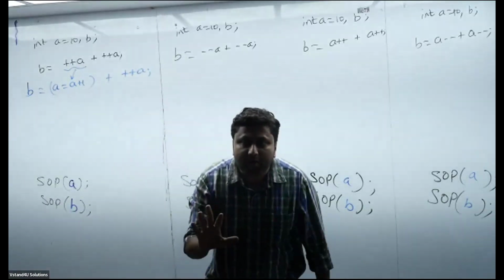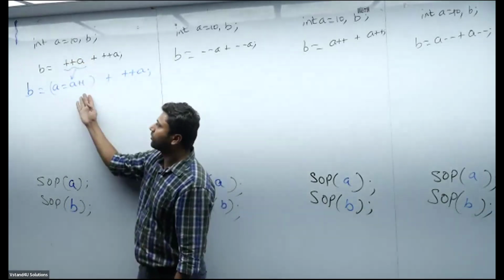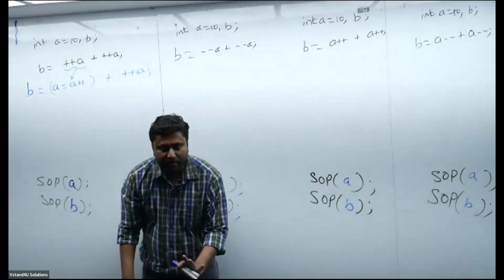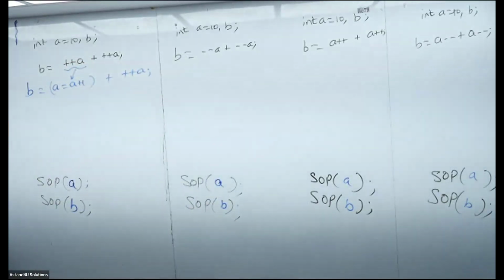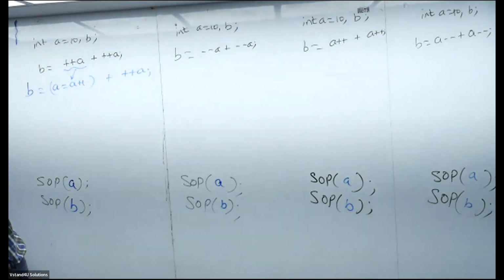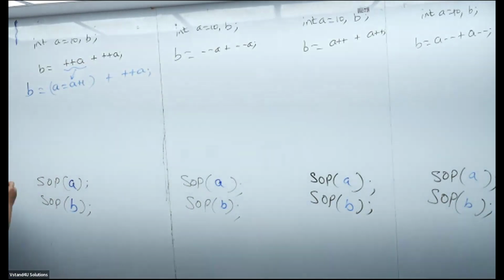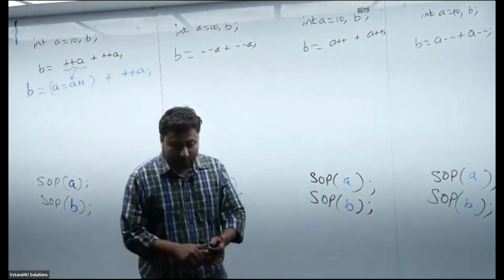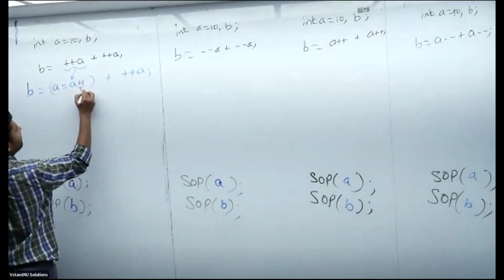Are you getting my point? ++a means what? Increment the value of a. A equal to a plus 1. Am I right? Agree? My question: sir, pre-incrementation or post-incrementation? Which one is this? Pre-incrementation is there. If pre-incrementation is there, first should I increment or first should I assign? First is increment. This is my first operation.